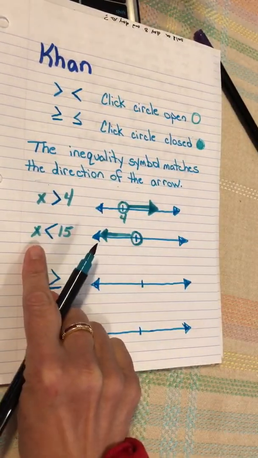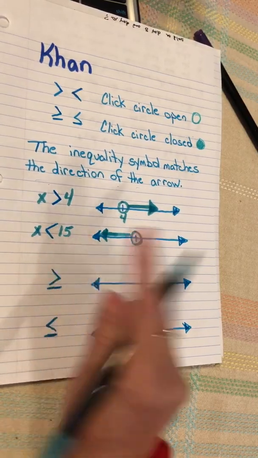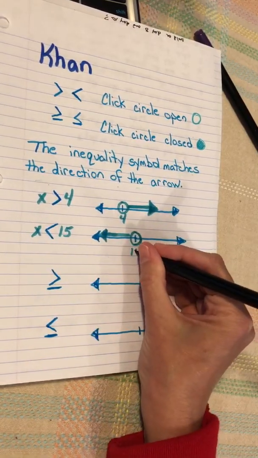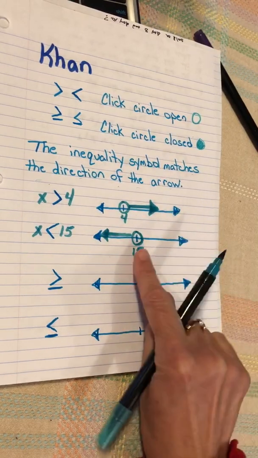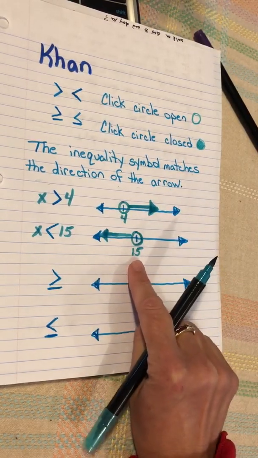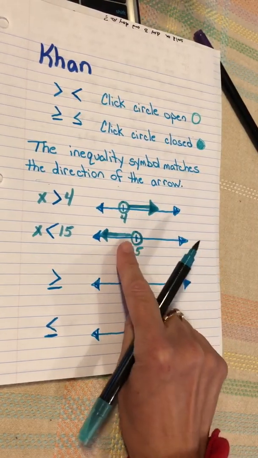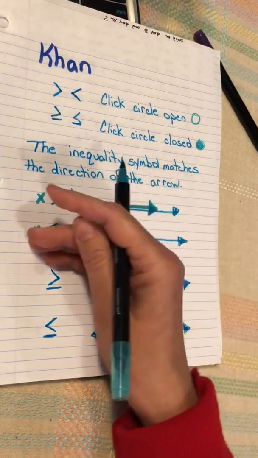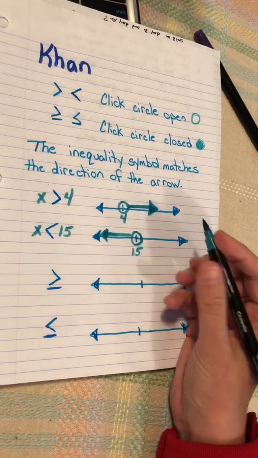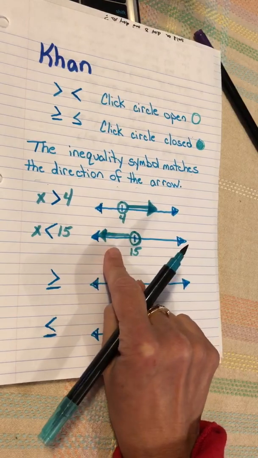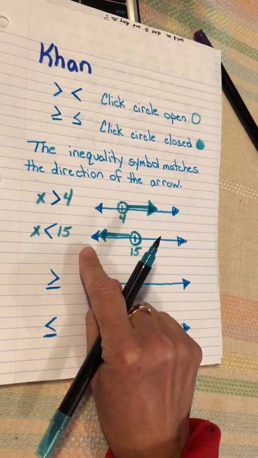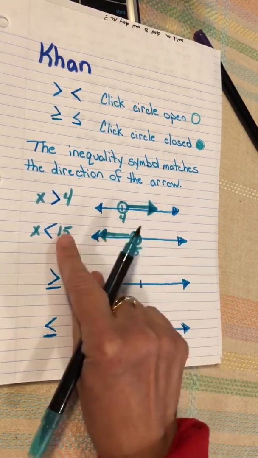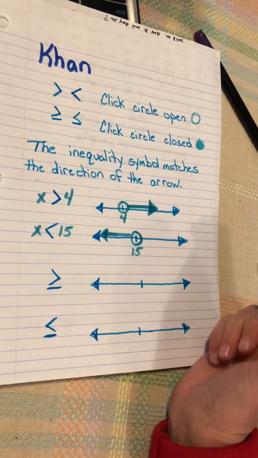So our inequality is x is less than 15. Here's 15. It's an open circle because we cannot include 15. It's less than 15, so we are including all the numbers to the left, which could be 10, could be 0, could be -5. Numbers to the left of 15.